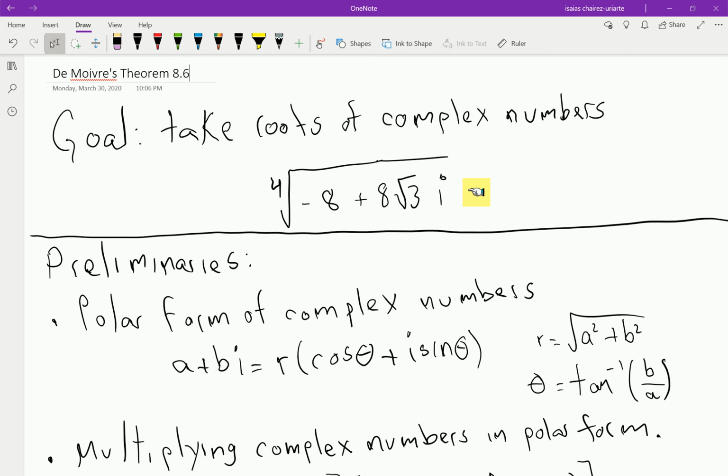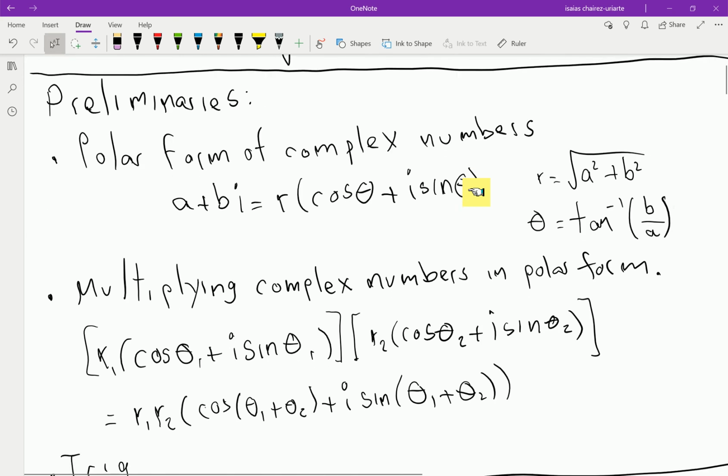Some preliminaries for this section: you should have watched the previous video in 8.5. We want to be able to express complex numbers in polar form. So you're going to want to be able to write a complex number in rectangular form and rewrite it in polar form.